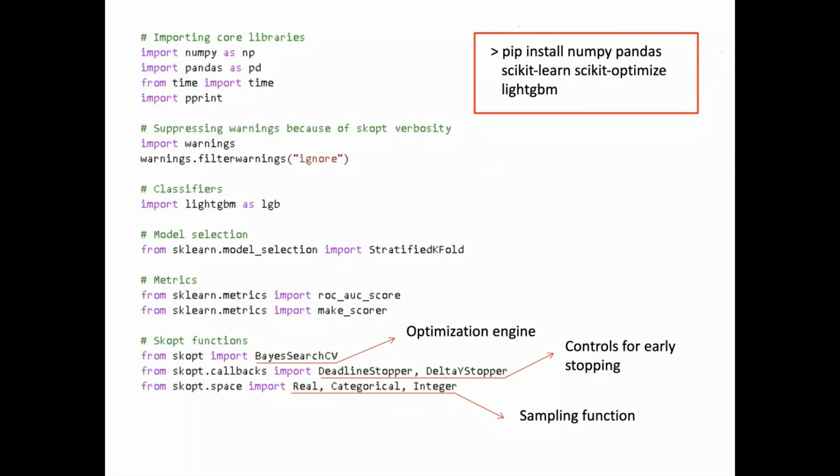You need the callbacks, which are functions that can help you during the Bayesian search. And you need a few functions called Real, Categorical, and Integer that can help you to sample, as in a random sample, from the space of the hyperparameters values.